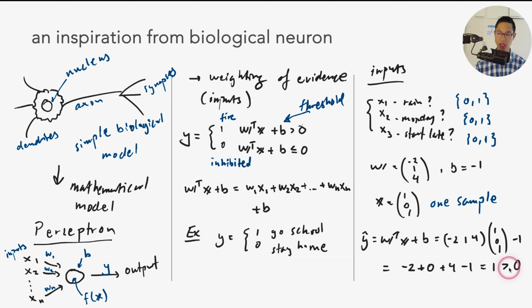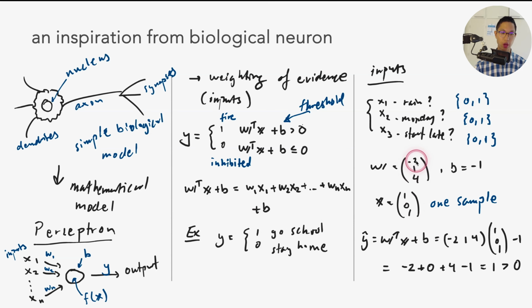This becomes equal to 1, which means that it's larger than 0. If it's larger than 0, it's a fire. When it's firing, it means that we should go to school. Otherwise, it's stay home. This prediction, or this classification, is to go to school.